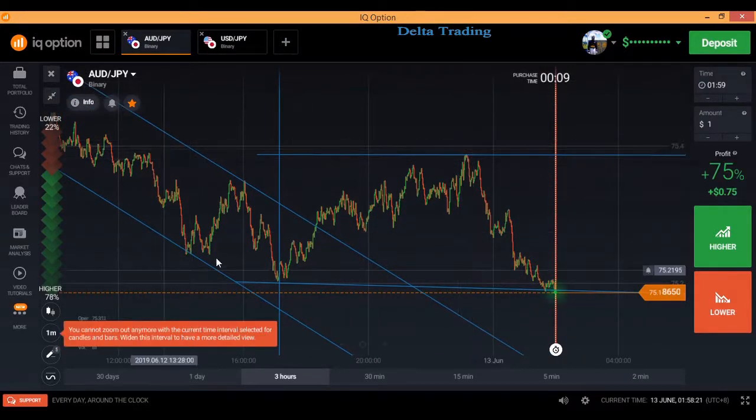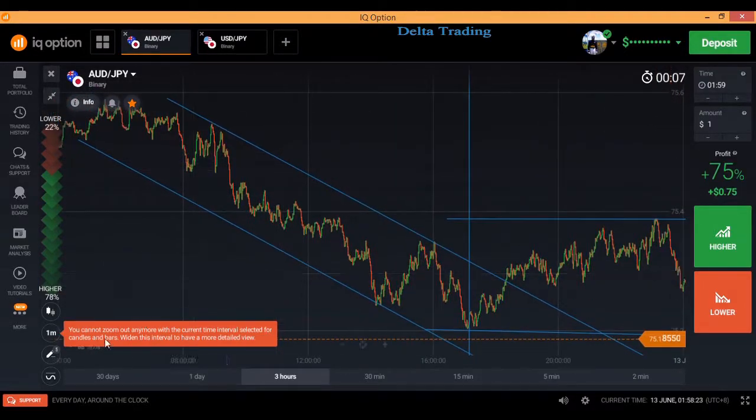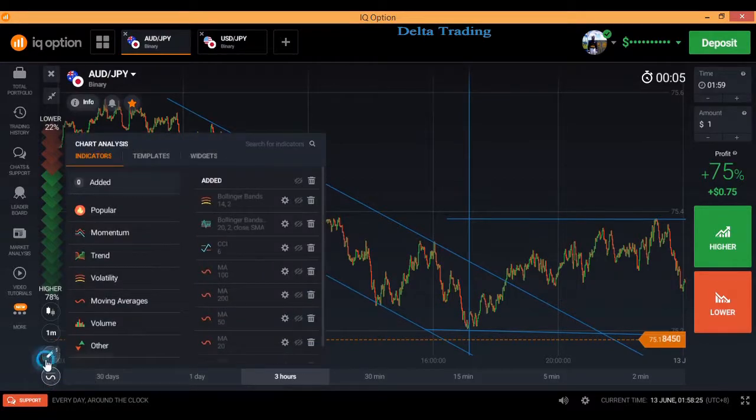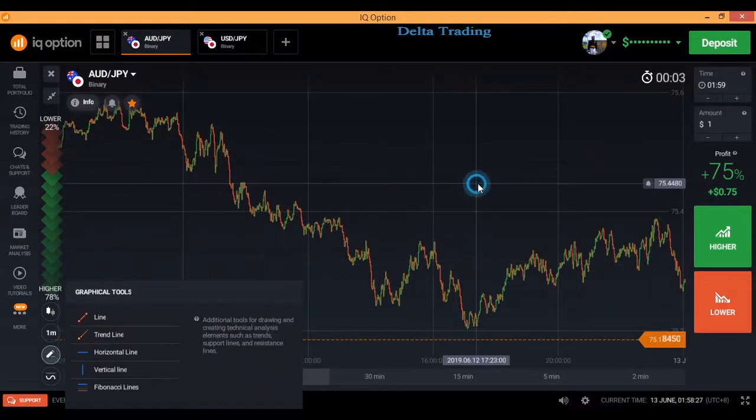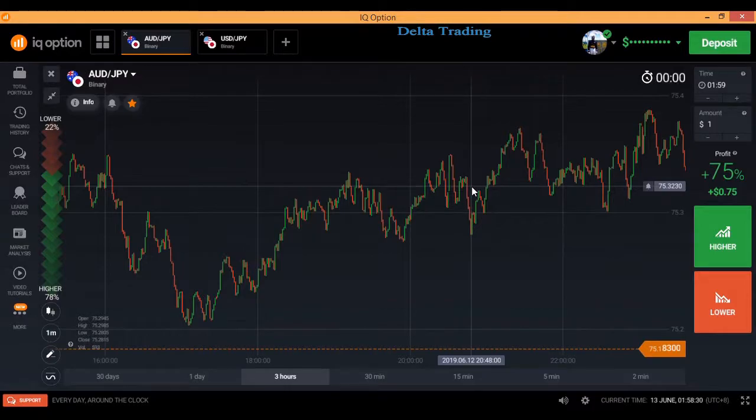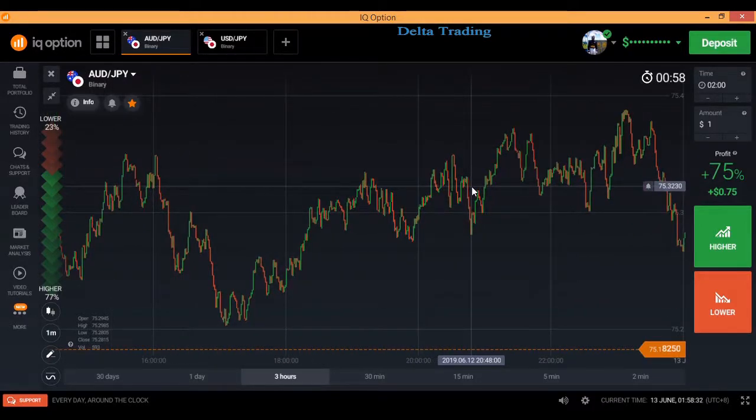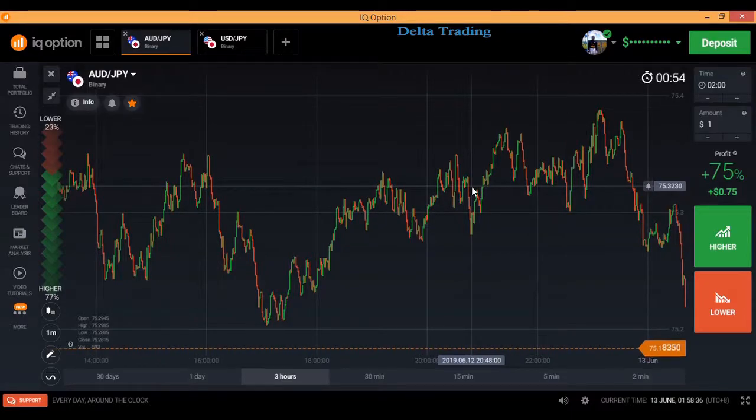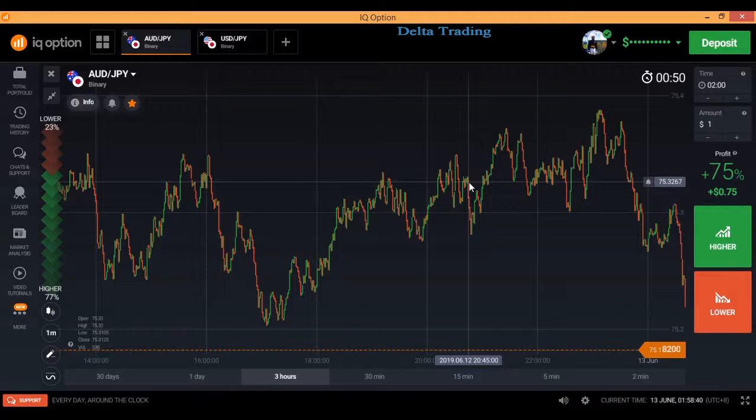Now what I have to discuss with you is how to identify major key levels. I have to remove this one. Major key level means what we call a strong support and resistance level. And how can you determine the minor key levels?